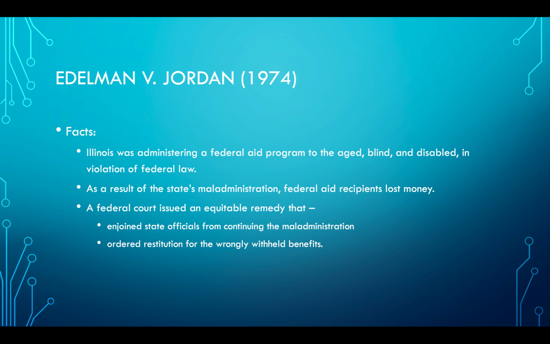But the second remedy here, the restitution for the wrongly withheld benefits, is not a valid way to enforce the Young exception. So the court here holds that Young does not permit retroactive monetary remedies. So page 431, the court calls this an accrued monetary liability which must be met from the general revenues of the state.